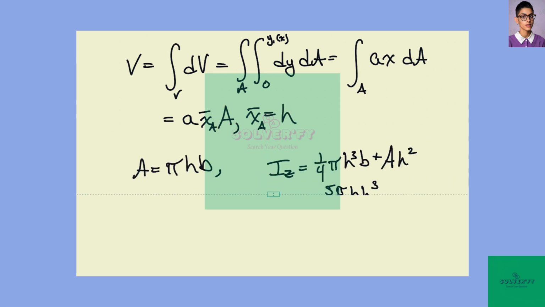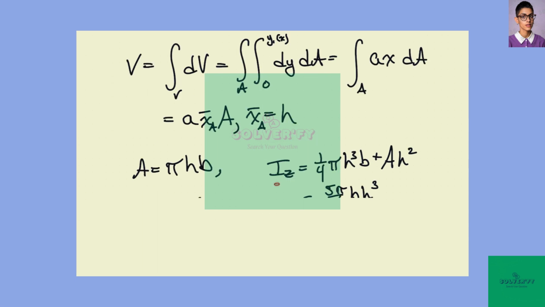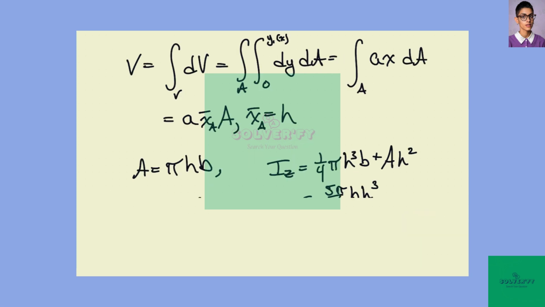And so the area of the ellipse is pi h b, where again this is b and this is h, the major axis length and the minor axis length. And then we can look up I_C here, and that is simply about the centroid of the ellipse.